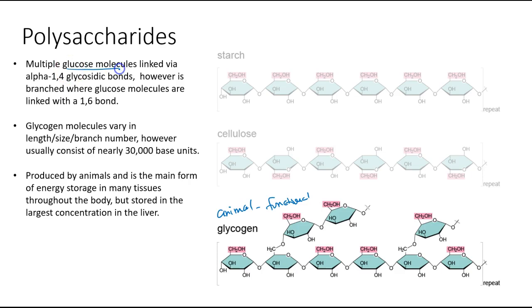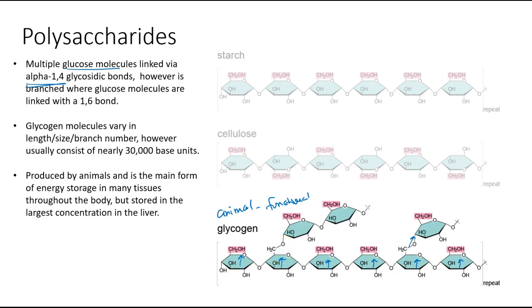But these glucose molecules are linked via alpha 1,4-glycosidic bonds again. Notice that if these side chains weren't here, every single one of these glucose molecules are oriented in the same direction. It's just that this carbon that was here is now bound to an oxygen and another chain here. So even though these carbon side groups are not on top as these are, it still is oriented in the same direction.